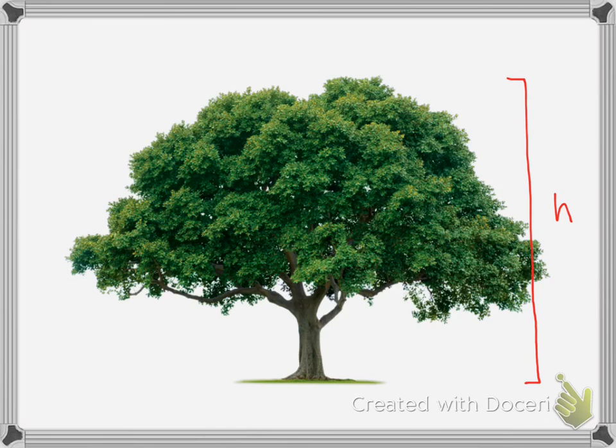The circumference is, let's say I started on one side of the tree and I took a big old belt and wrapped it all around the outside of the tree. The distance to walk around it, essentially.